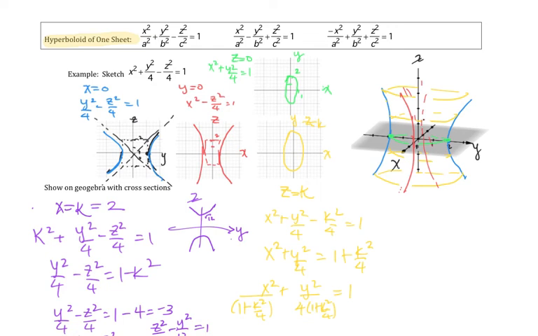So when x is 0, we had that hyperbola that looked like that. But now if we move forward and take a slice further forward, we actually get hyperbolas opening the other way. That starts getting kind of hard to picture.